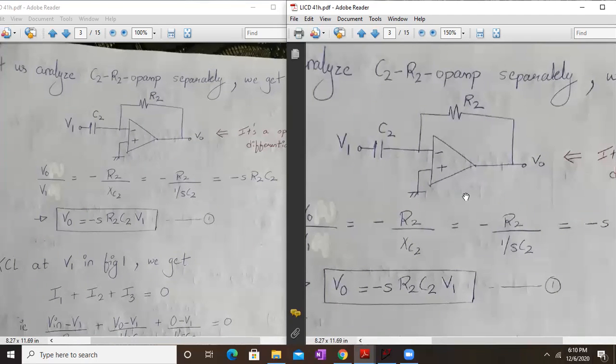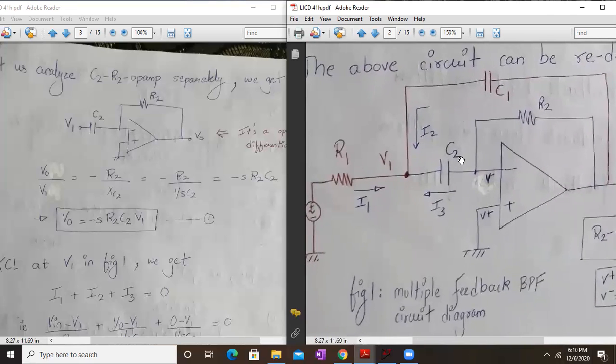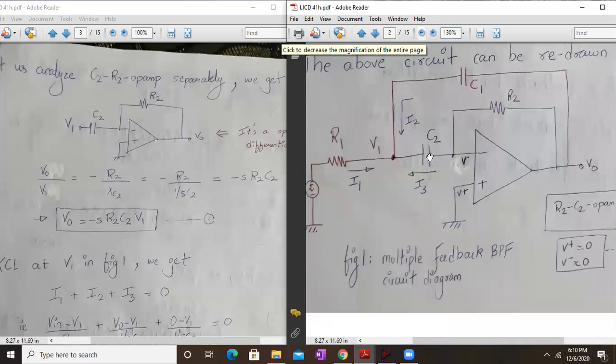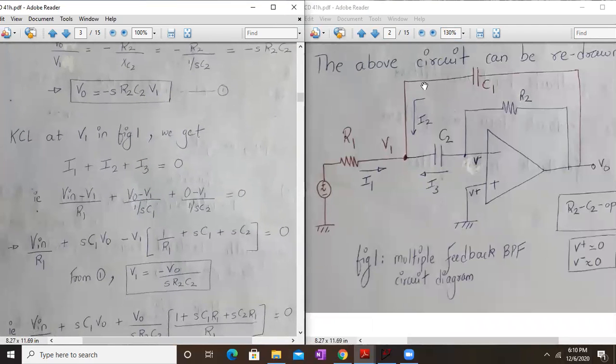We will apply KCL at this node in this particular diagram. Let me slightly reduce it to 130, let's say. KCL at V1 gives us three currents: I1, I2 and I3, all incoming. So I1 plus I2 plus I3 will be equal to 0. What is I1? V in minus V1 upon R1. What is I2? V0 minus V1 upon 1 upon SC1.